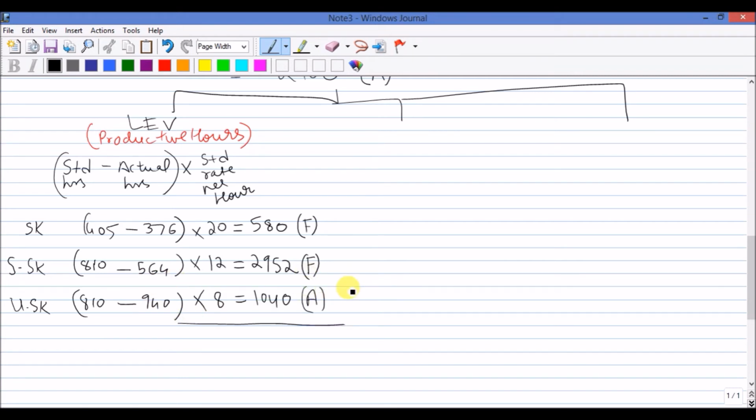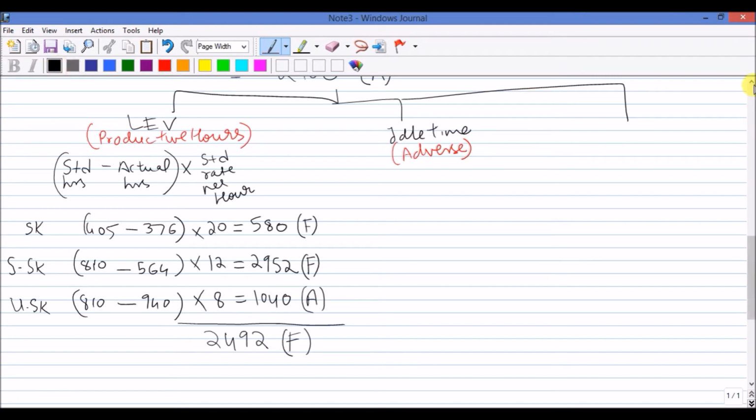So what is the net effect? 580 plus 2952 minus 1040, so we have 2492 favorable. Then we have to find the idle time variance, and this is always, my friends, adverse.